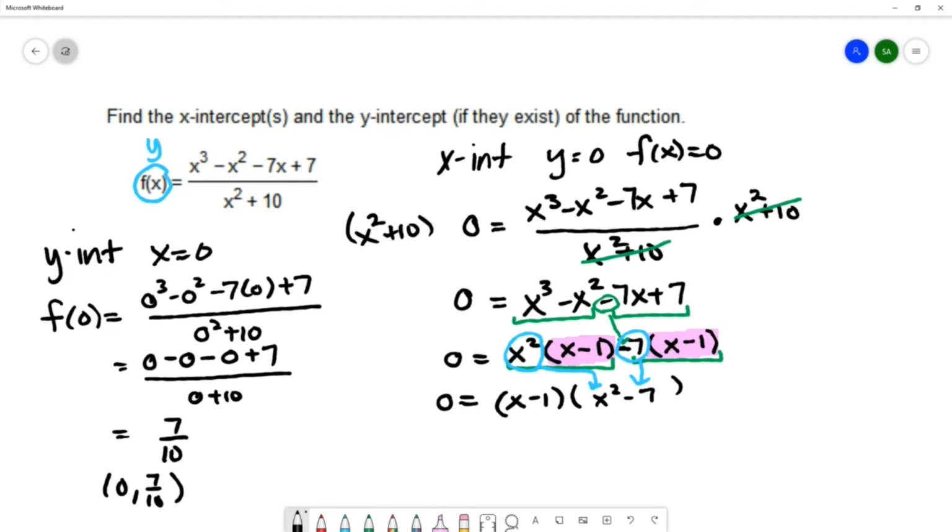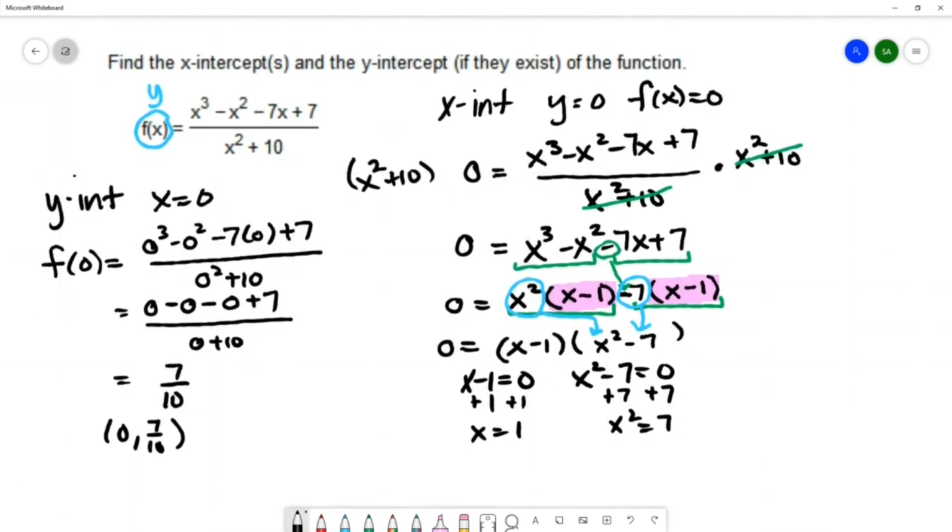And you set each factor equal to 0. On this factor, x minus 1 equals 0, we would add 1 to both sides and get x equals 1. In this other one, we have x squared minus 7. I would add 7 to both sides. That gives me x squared equals 7. I'll continue solving by square rooting both sides.